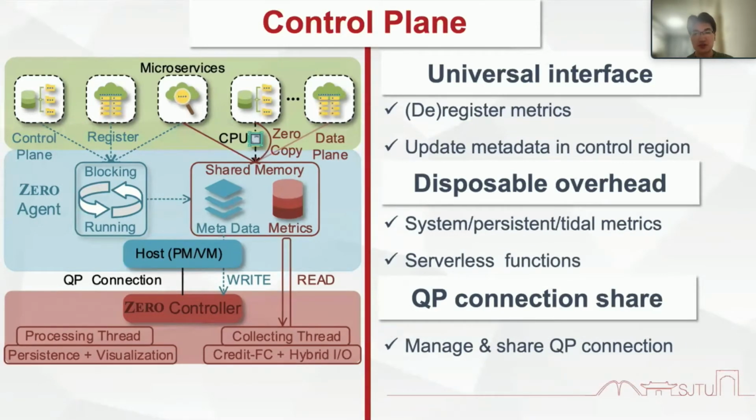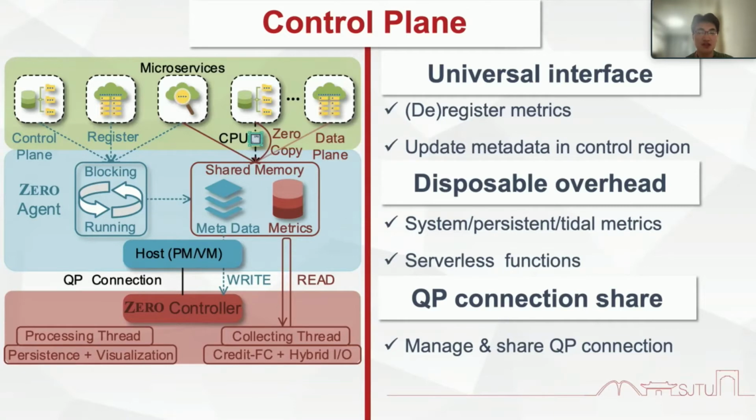First, I will introduce the control plane and the data plane of the Zero framework. The control plane provides a universal interface for applications or systems to register their metrics and update the corresponding metadata in the control region.